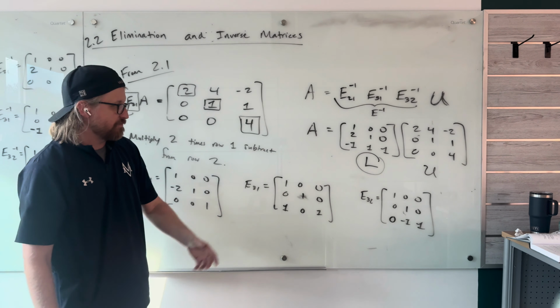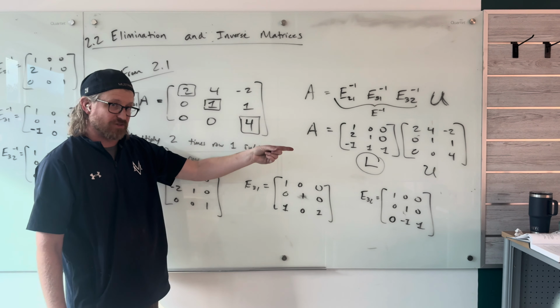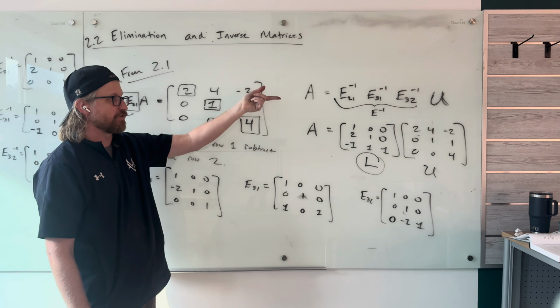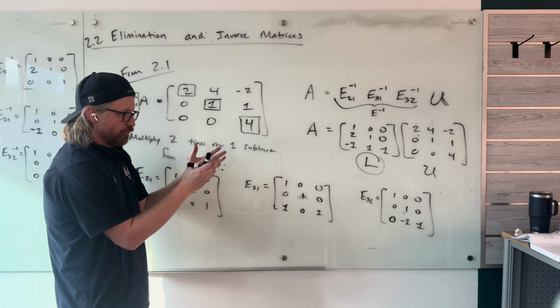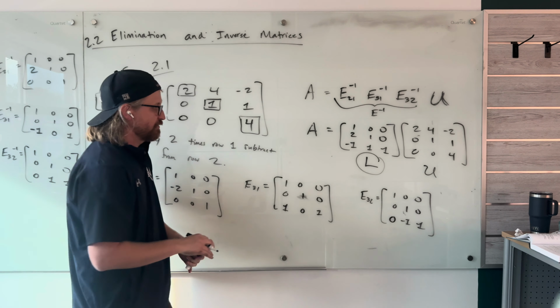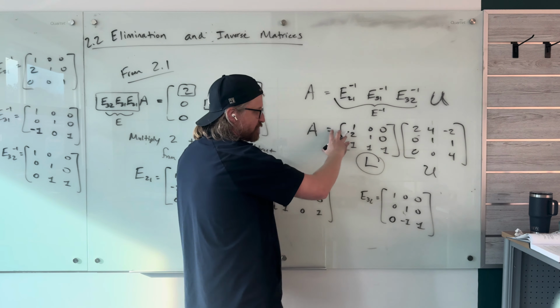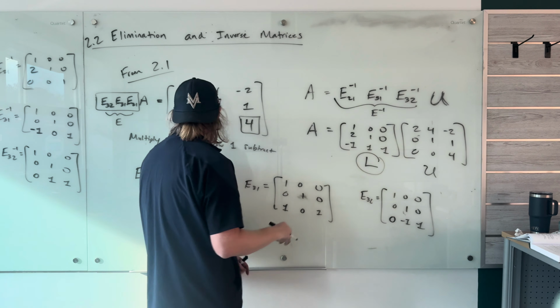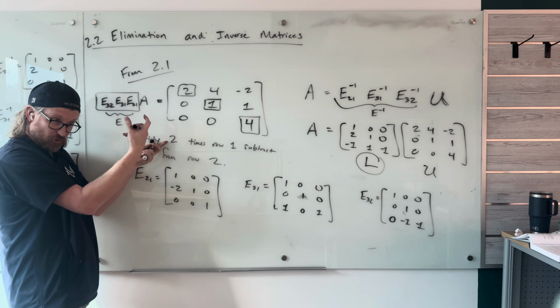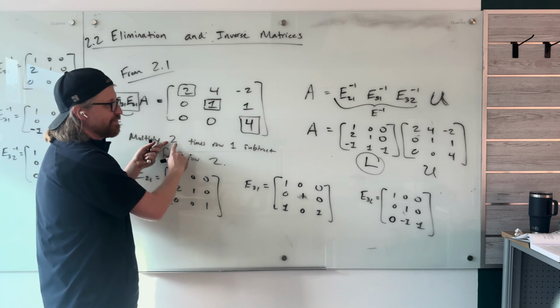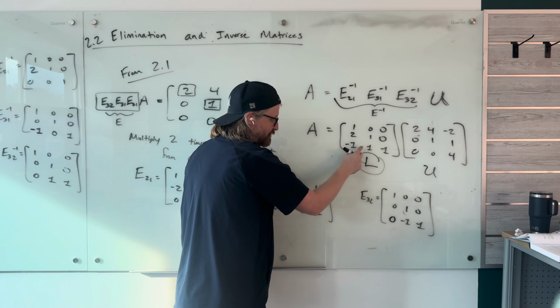Or another way to say it, the lower triangular matrix in this factorization comes from the inverse of the elimination matrices. And it's beautiful because we don't have to do a bunch of multiplications to uncover what L is. If we're recording what we're doing to each row in terms of that subtraction, then that's what goes in the entries. Right?